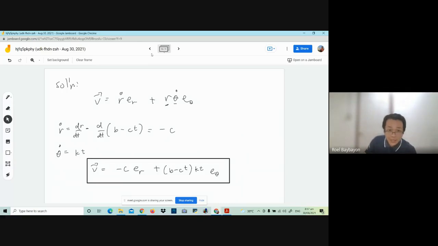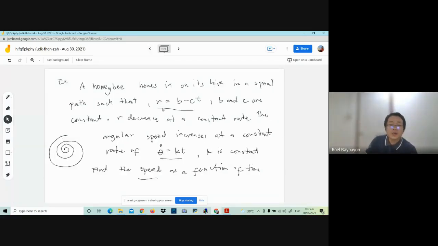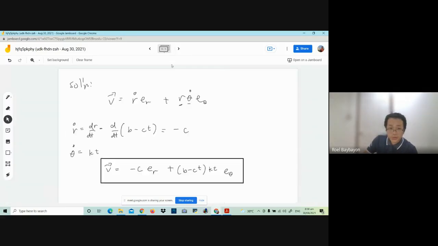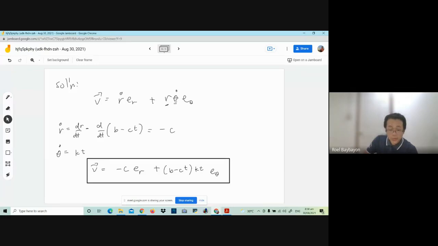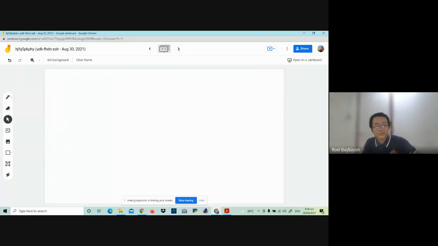Because given is that r is equal to this. Your theta dot is also given, at constant rate. Okay? At constant rate, I can get the acceleration.